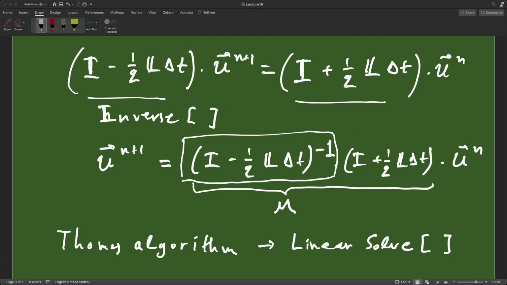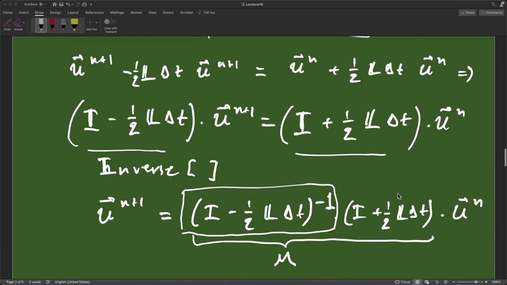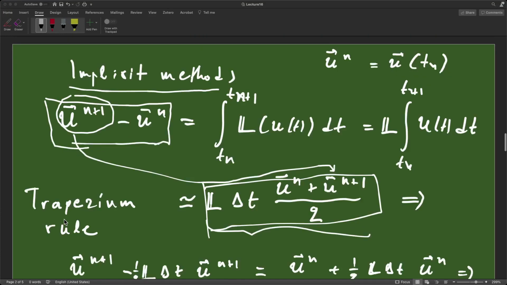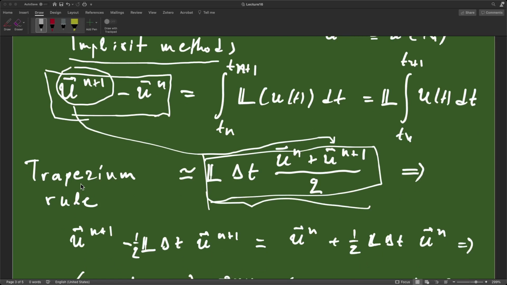Finally, I want to talk about the next order correction to this method. So the trapezoidal rule is a second order method. If we want to calculate this to higher order, we can use the Hermite rule or the Lotkin rule, which are fourth order and sixth order respectively. So let's consider the Hermite rule.